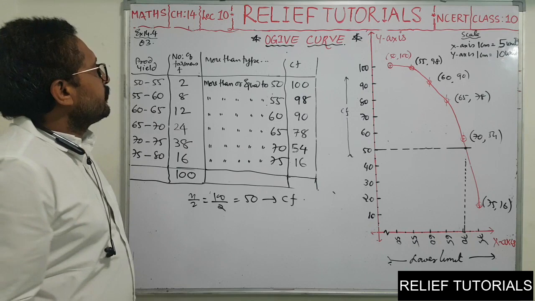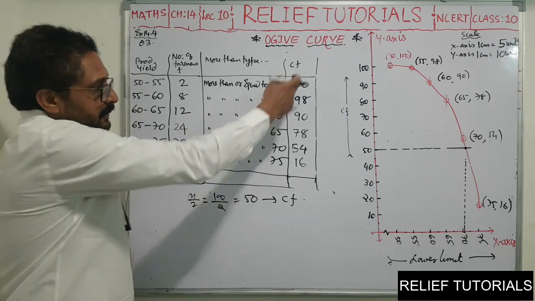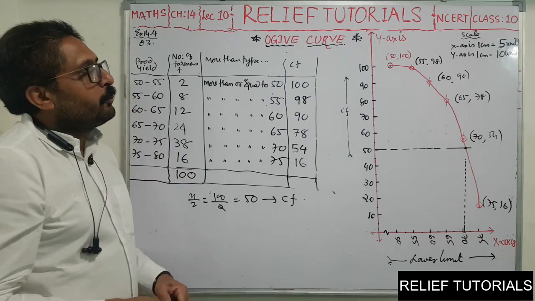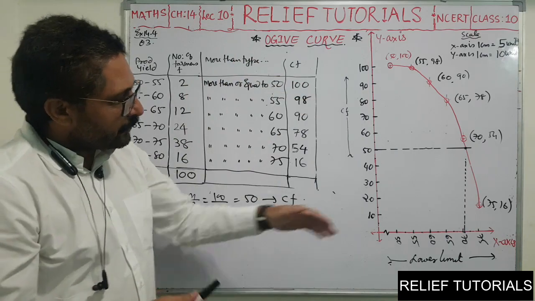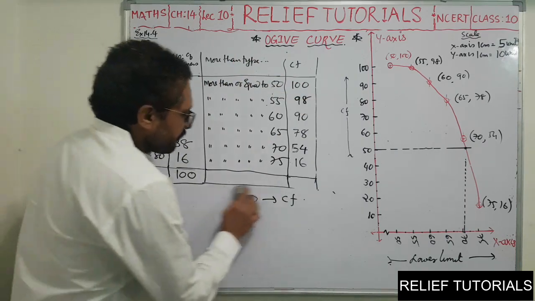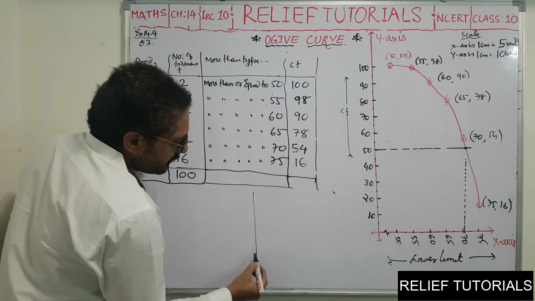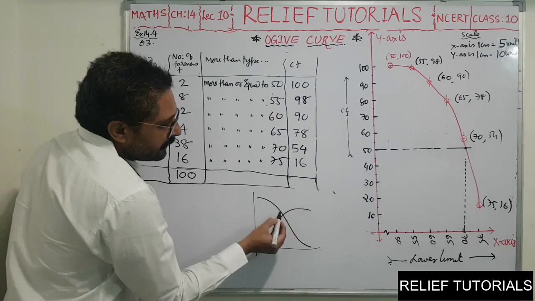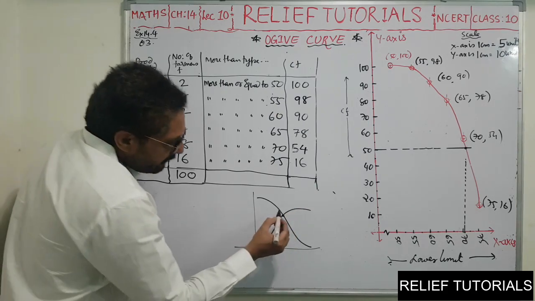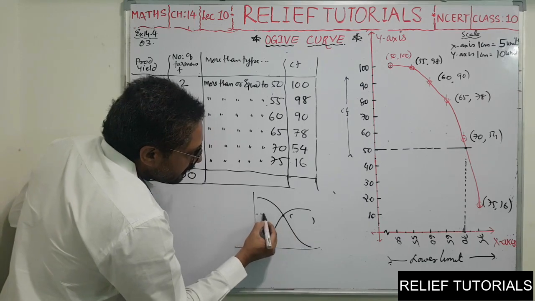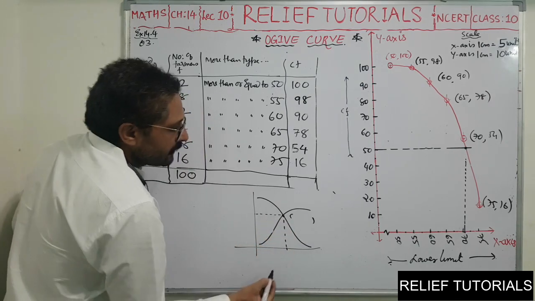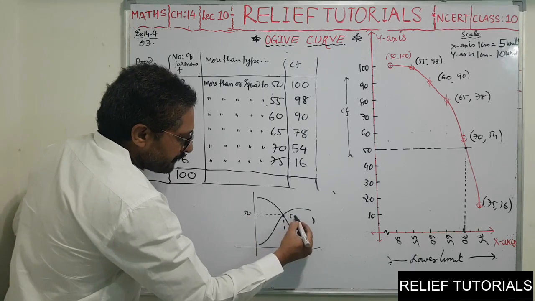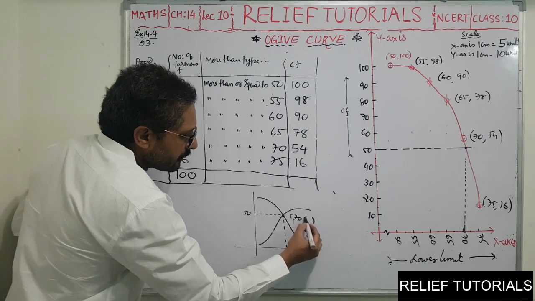Okay, if you have both the curves at a time, less than type cumulative frequency and more than type cumulative frequency, see, this is the graph. More than type will be in this form, and less than type will be in this form. This is the point of intersection. Suppose here it is 70 and here it is 50. So the coordinate will be 70, 50.